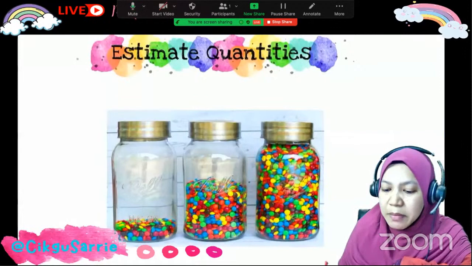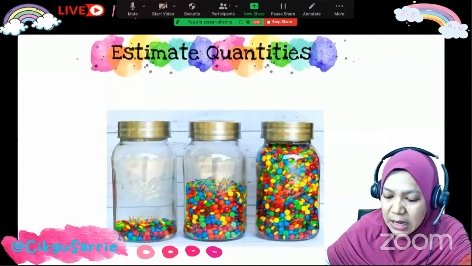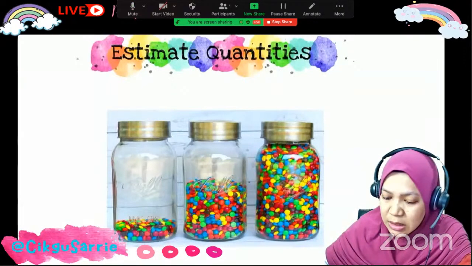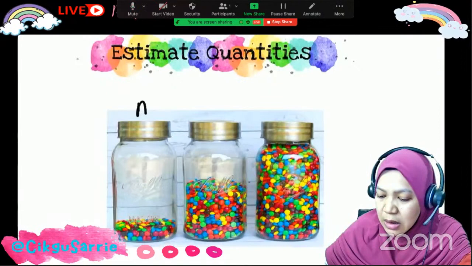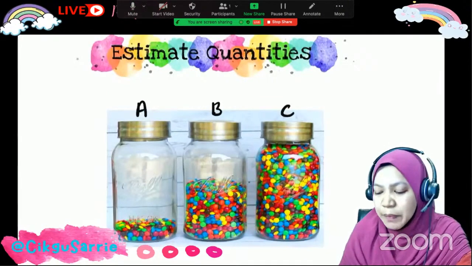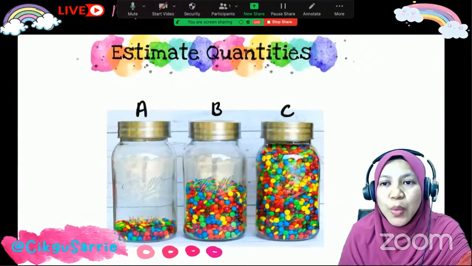We can label these 3 bottles as A, B, and C. The bottle C is full with the chocolate.